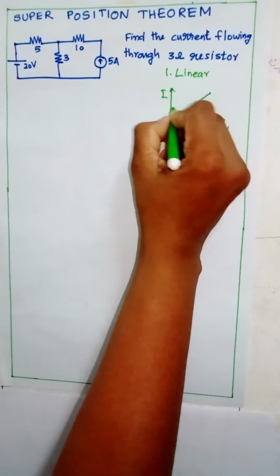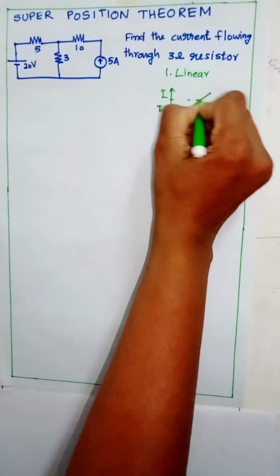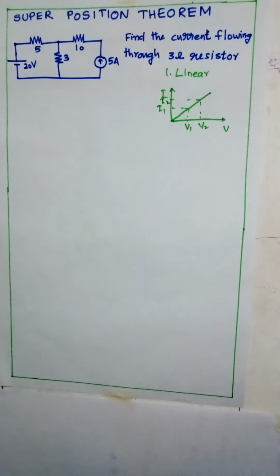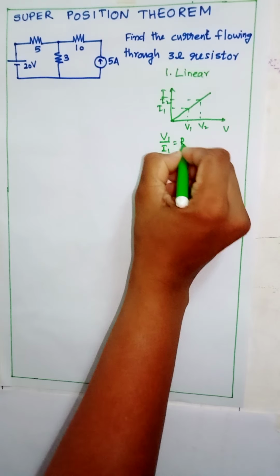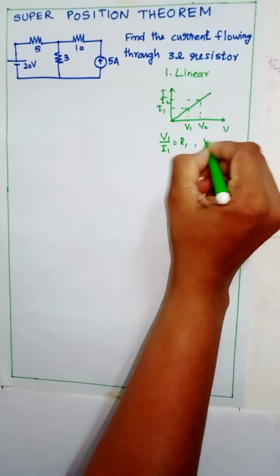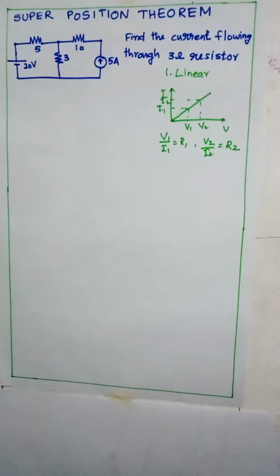This is V1, I1. This is V2, I2. So if V1 by I1 is equal to R1 and V2 by I2 is equal to R2, if R1 and R2 are equal, then we can say that the circuit is linear. So for explaining the superposition theorem, the circuit should be linear.